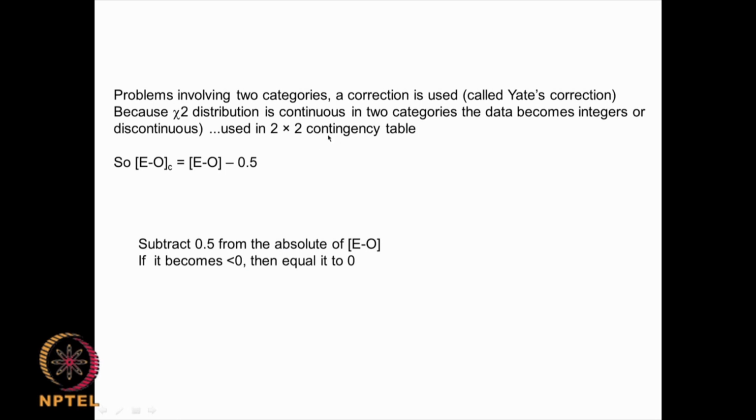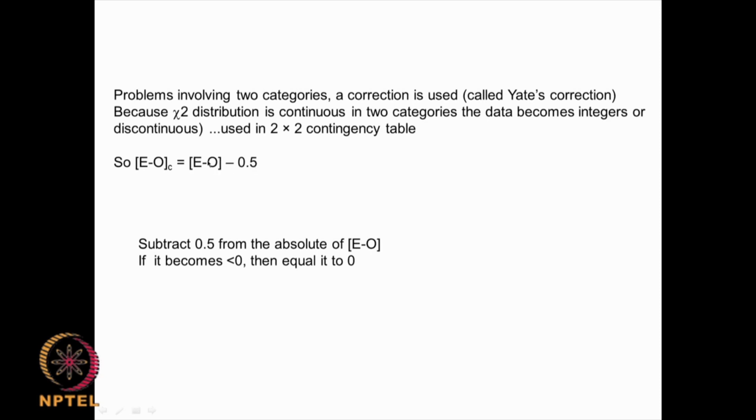In such situations it is suggested that we do something called Yates correction, because the chi-square distribution is continuous, whereas when we have only 2 by 2 it is almost like an integer, almost like a binary: male, female, success, failure, no, yes, sort of thing. So what we do is take the absolute value of E minus O, that is expected minus observed, and subtract 0.5.